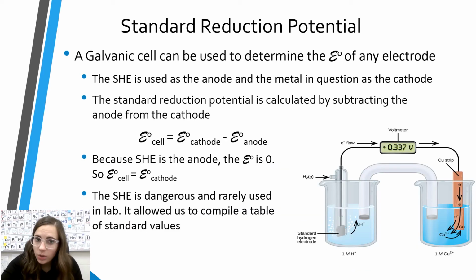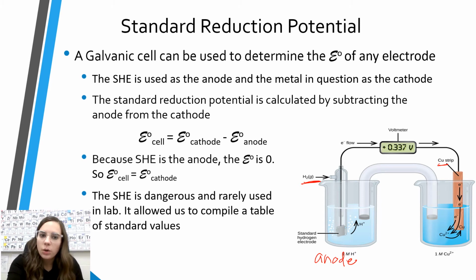So then what scientists did is they constructed a galvanic cell. They always use hydrogen as the anode. And then whatever other metal they were looking at, they used as the cathode. Okay?